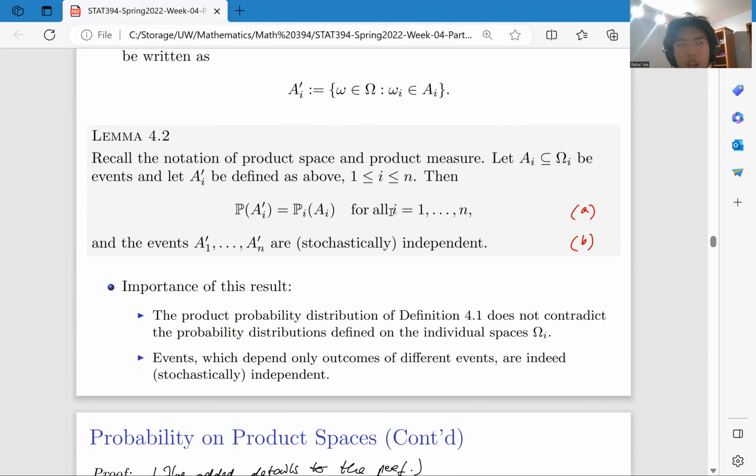We do not consider Aj, Ak, or Am, the other A's. So all of the other probabilities are one, and this is the only probability that is not one. If we multiply 1 times this term, it comes out to be this term. Now we can say all of the events A-tilde 1, A-tilde 2 to A-tilde n are stochastically independent.